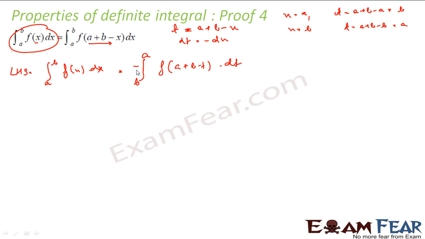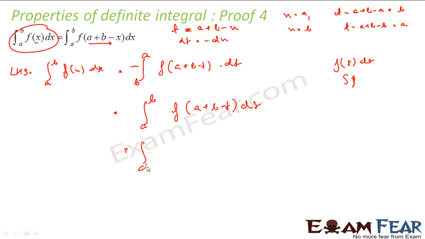Since you get minus sign also and you have b and a as limits, what I can do is I can flip it. So this becomes integral a to b f of a plus b minus t dt. This we know, right? If you just flip the limits, you get the negative here, so negative becomes positive. Now we know that f of t dt, or you say f of x dx, all same, right?